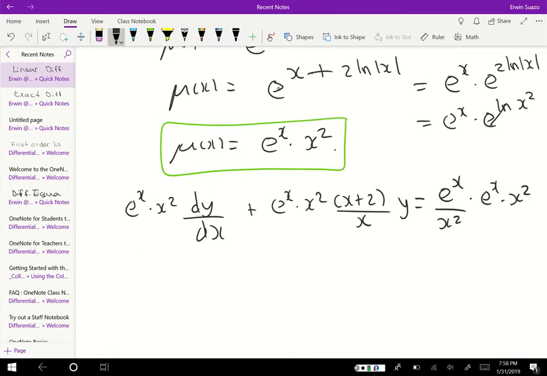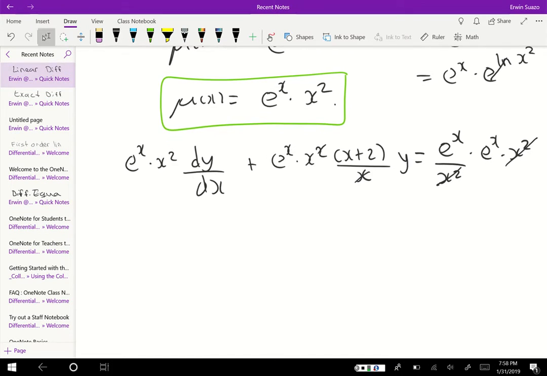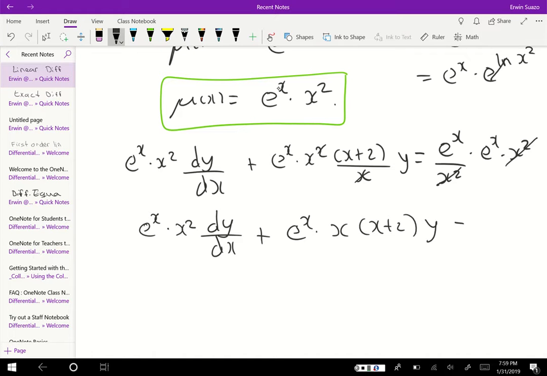So of course we have to cancel and simplify. Let me talk closer to the microphone. We cancel this with this one, and one with that one here. So let's write our equation, and let's not be lazy. So dy/dx plus e to the x times (x plus 2) y equals e to the 2x, right?